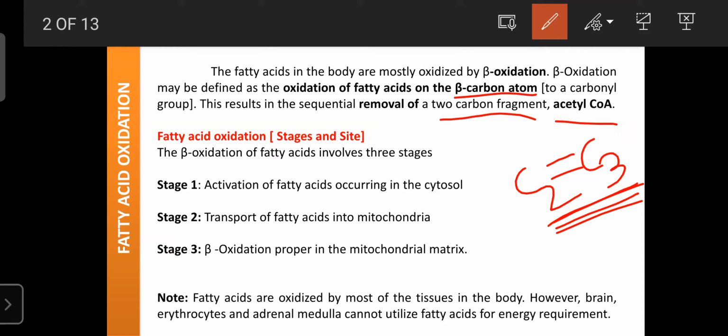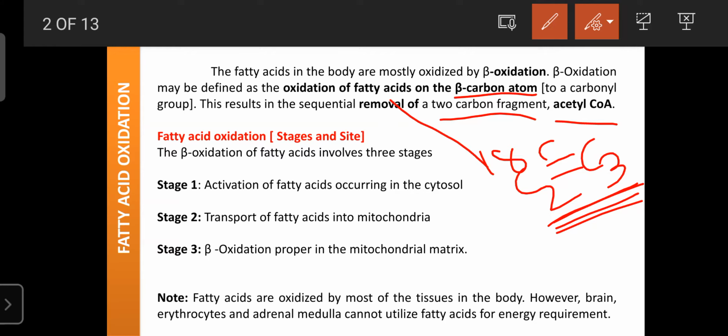Dear students, the fatty acid consists of 18 carbon atoms, and in each cycle of beta oxidation, two carbon fragments are removed in the form of acetyl CoA.